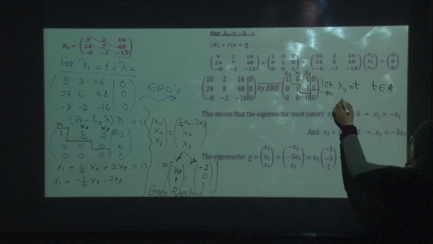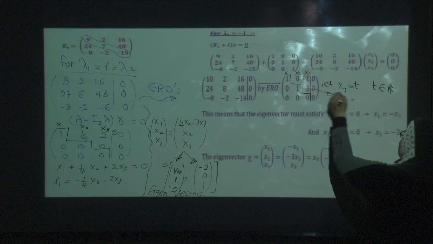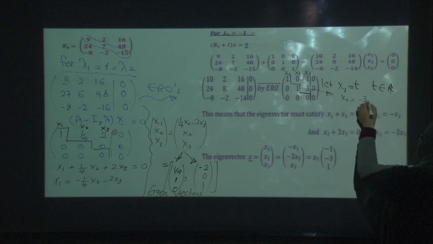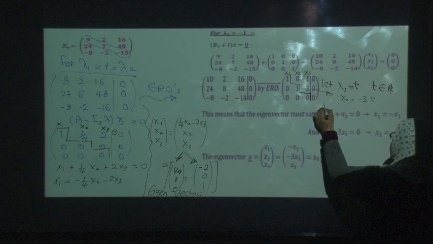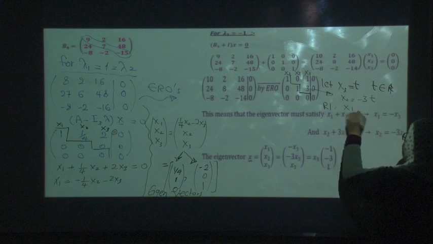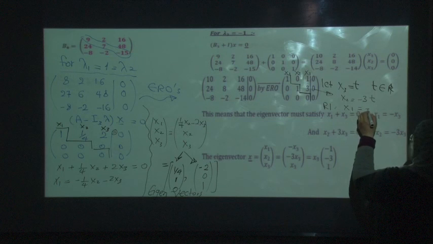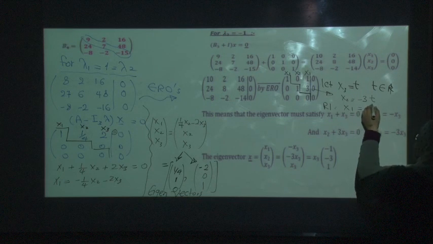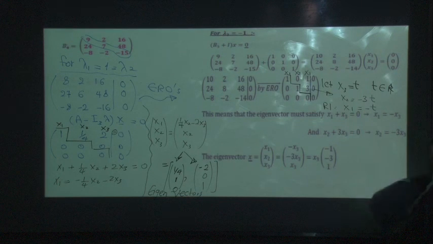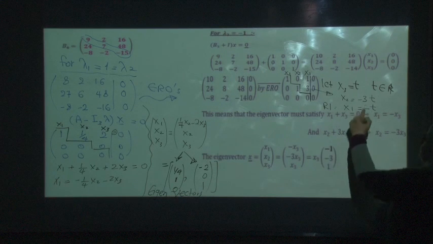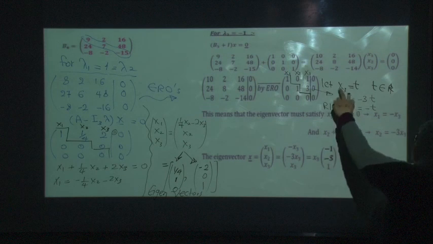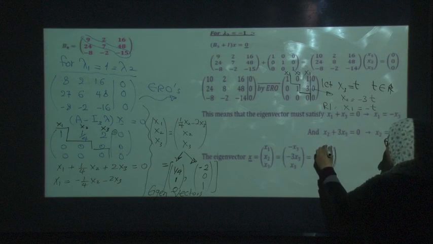Okay, so here x2 equals, let's take this to the other side, -3 what? t. And then x1 from row 1, x1 is what? It's negative x3, which is t. Then it's -t. And we will get the same result. x1, its coefficient is -1. x2, its coefficient is -3. x3, its coefficient is 1.